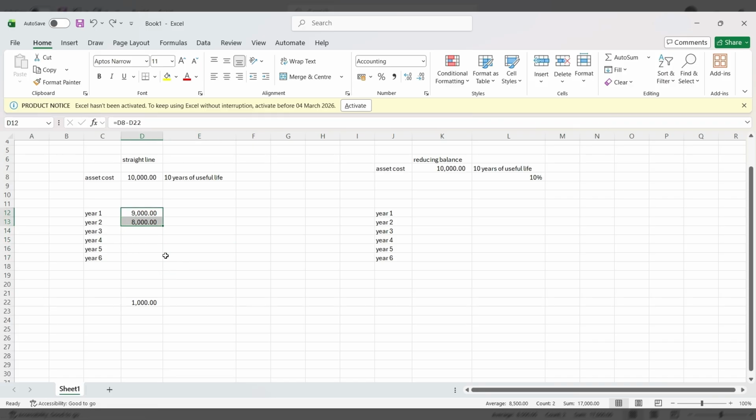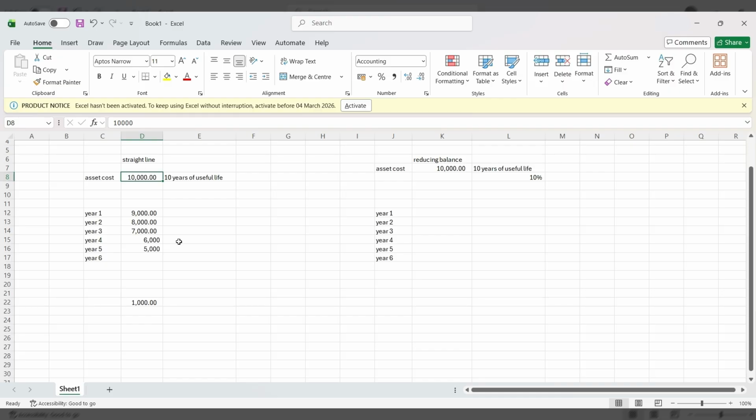It didn't, but you can see it's the same formula each time: we take the previous year's value and minus the depreciation expense. So year 4 is going to be 6,000, and year 5 is going to be 5,000. If we were to drag this all the way to year 10, it's going to be 0. So hopefully that makes sense in terms of straight line.